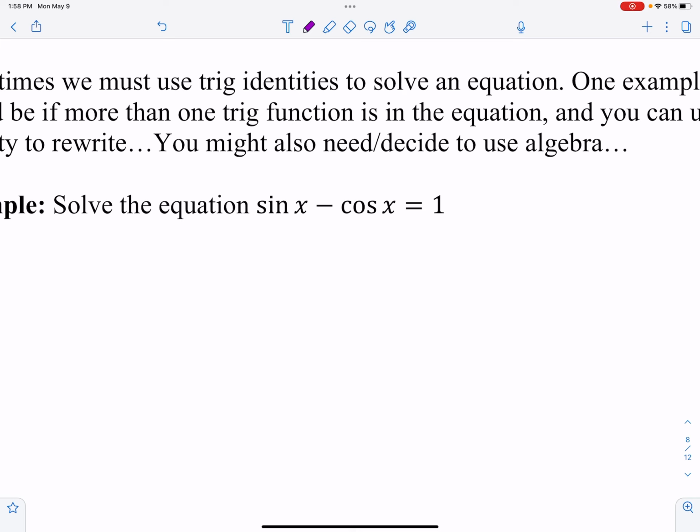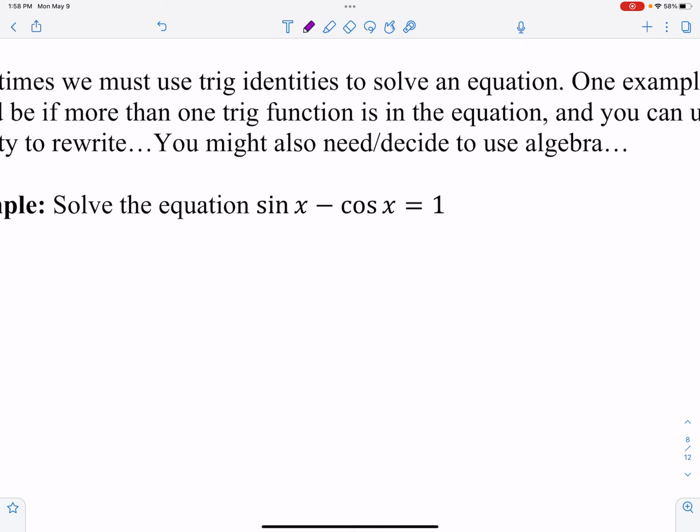You just have to be careful. So it's not obvious in this case. This equation actually can be solved just using trig identities. Like you could use the cofunction identities, but it uses some of the more complicated fundamental trig identities.